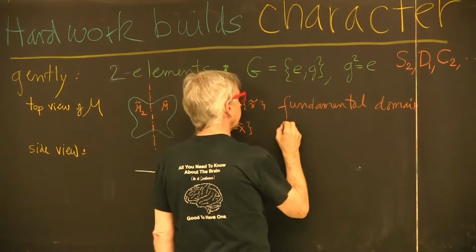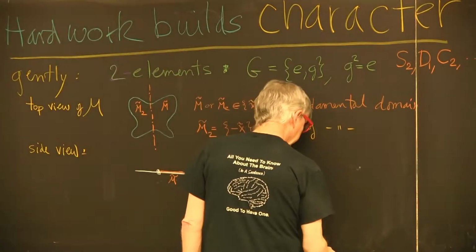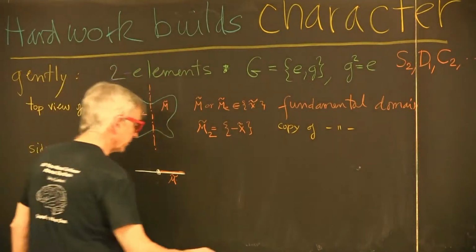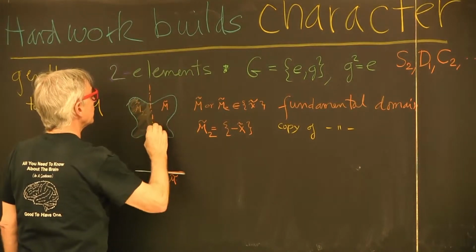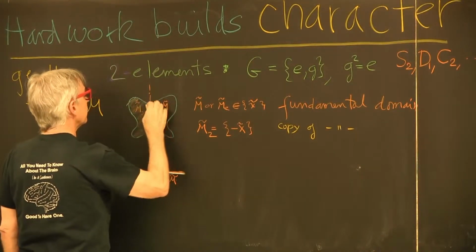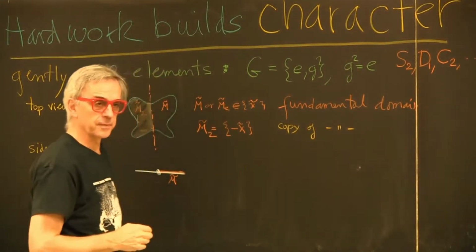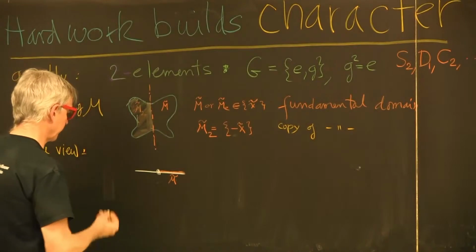All the other things are copies of the fundamental domain. Now, which domain you decide to call fundamental is up to you, but the basic thing is that if you know what happens on this side, you don't have to do any work on the left side, because everything on the left side is obtained just by a simple group operation. For example, reversing x.